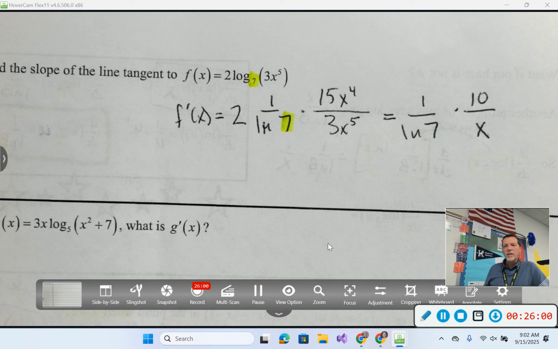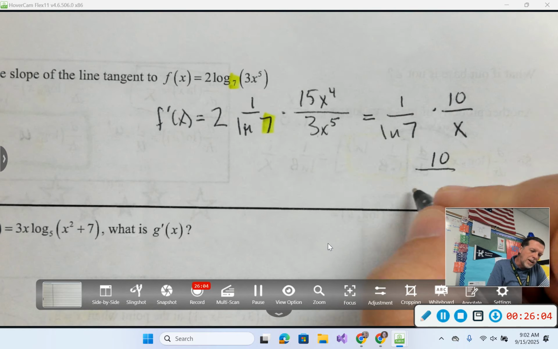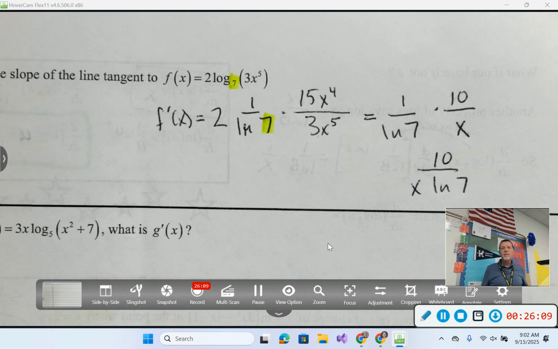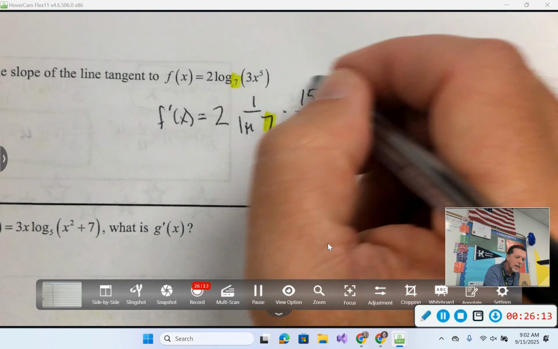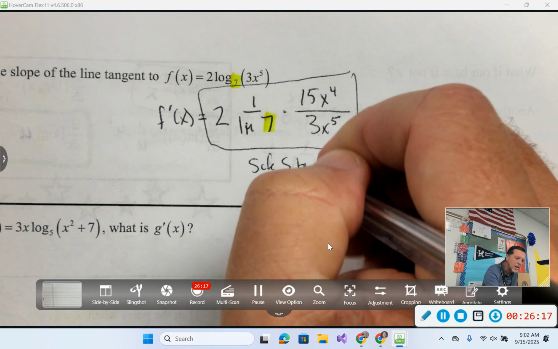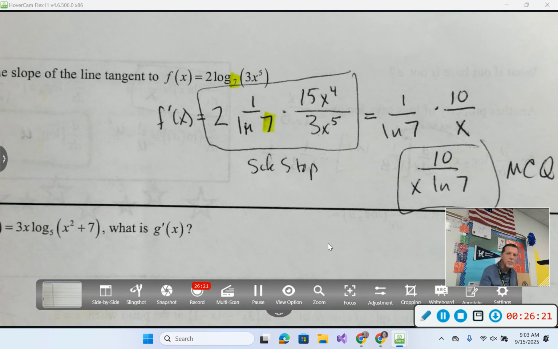So algebra there. And that might even be changed to look like that. That might be the best or simplest answer. Again, nothing wrong with this. That's a safe stop. But multiple choice usually cleans things up a little bit.